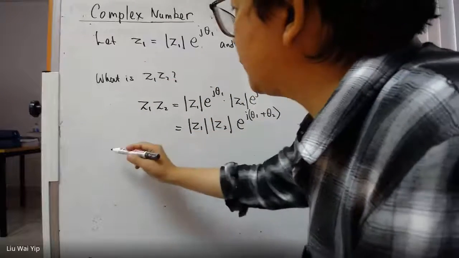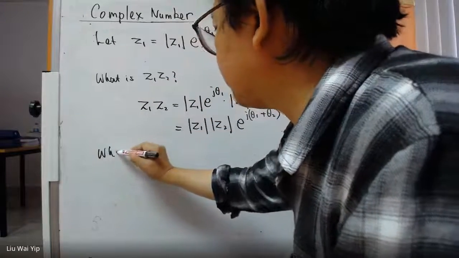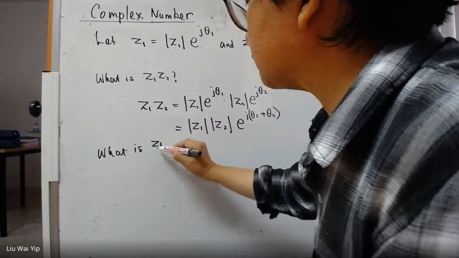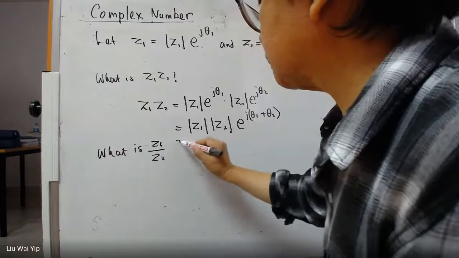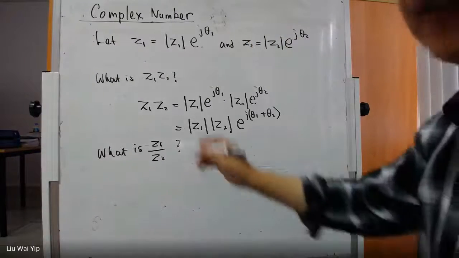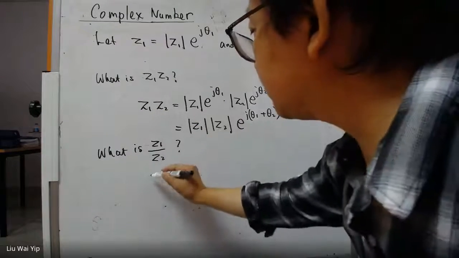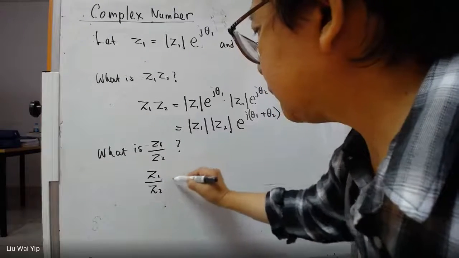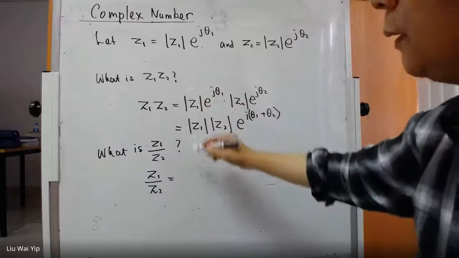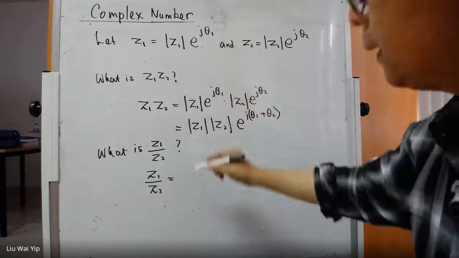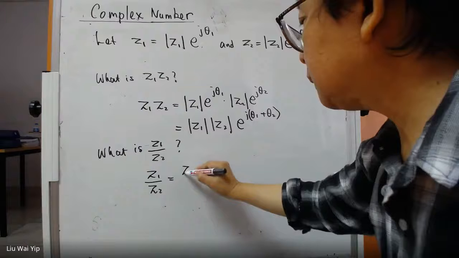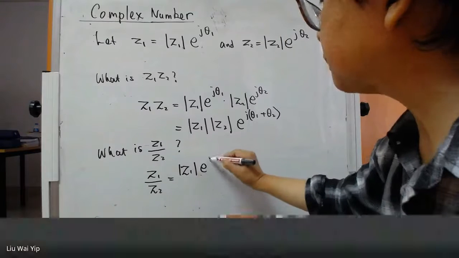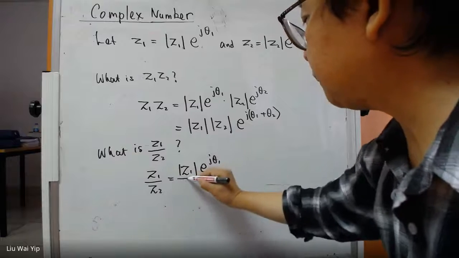But what about Z1 divided by Z2? Again, we are going to use the same thing, and we substitute the top and bottom with the original expression, the polar form.